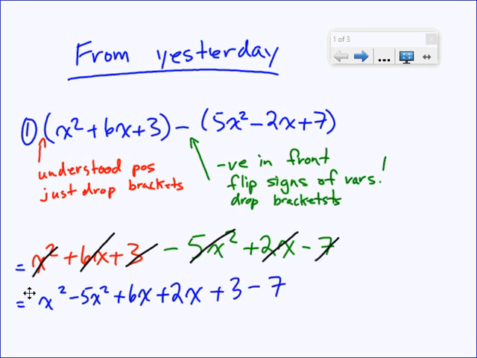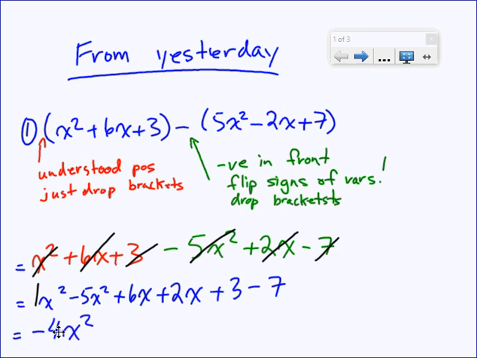So now, in front of the x squared term, we assume there's a 1. So for the x squared terms, we're going to have 1 minus 5. 1 minus 5 is negative 4, but then we have to have the x squared term attached to it.